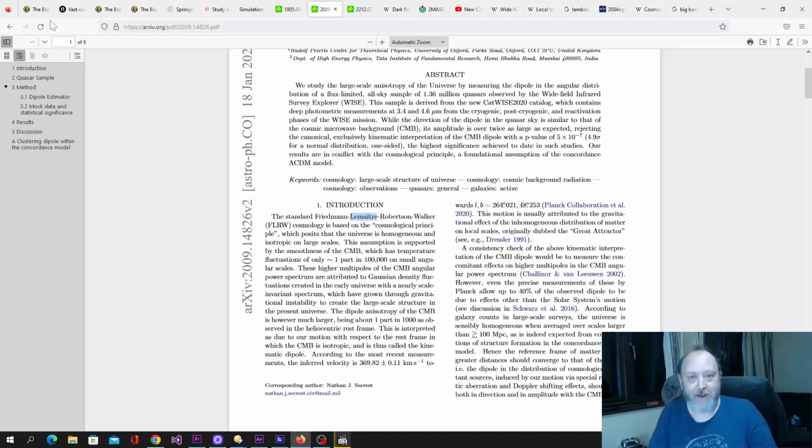So I'm resurrecting George Lemaitre's idea of the primeval atom, which has been ignored. It's almost so unknown that I only found one bookseller in the entire world that's actually reproducing this book.